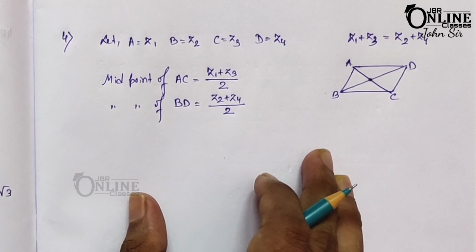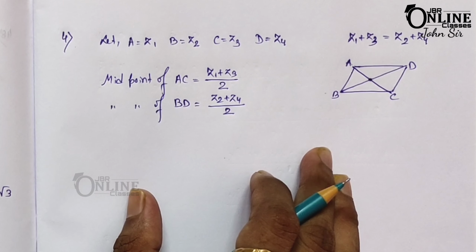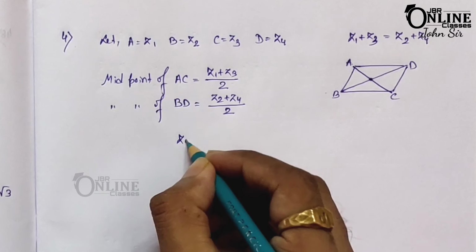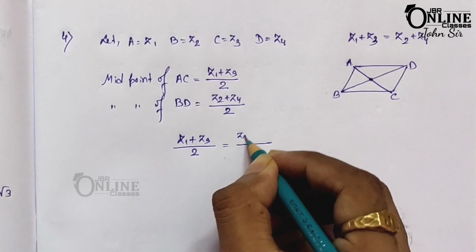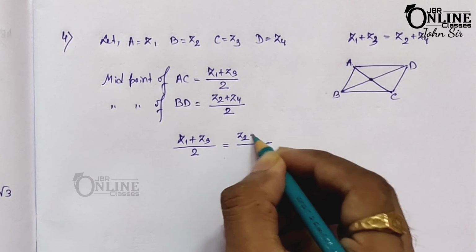Now if the diagonals bisect each other, then the midpoints will be the same. So that one equals that one. You can easily write this: (z1 plus z3) by 2 equals (z2 plus z4) by 2. And from this equation you can write z1 plus z3 equals z2 plus z4, and it's proved.